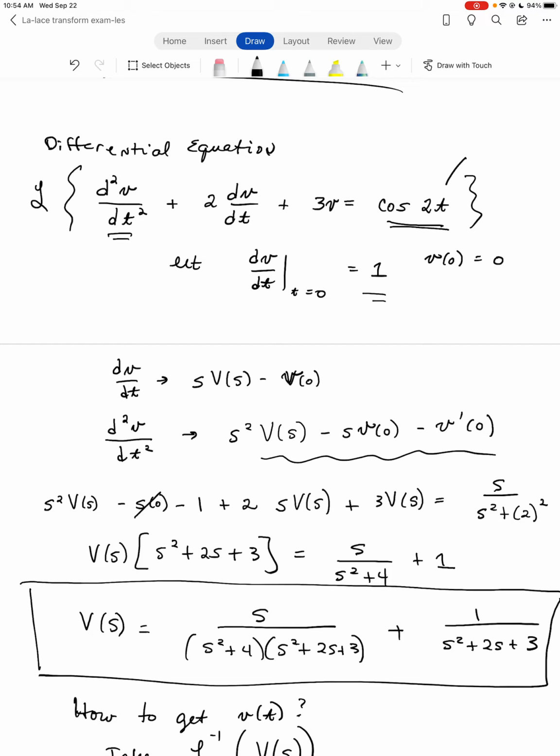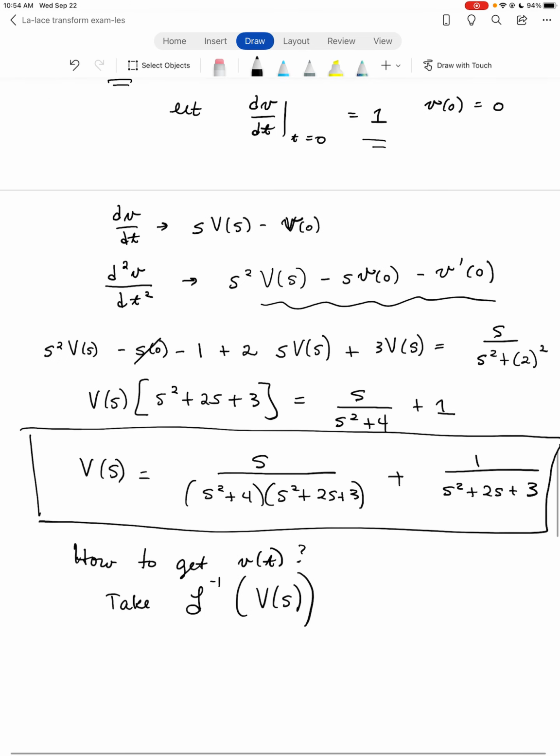Also note that this could be anything. It wouldn't have to be sinusoidal. It could be a step function. It could be an exponential. And technically I should have put u of t here to indicate that this whole thing turns on at t equals 0.